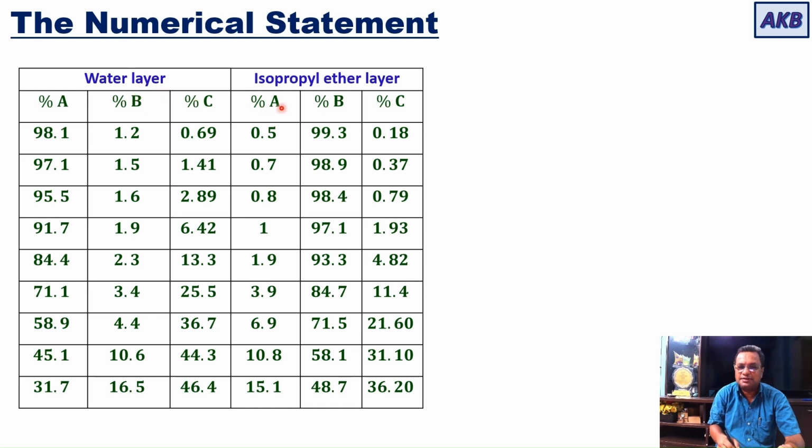The water rich layer is in equilibrium with the isopropyl ether rich layer. So all these are equilibrium compositions. That's why it is the ternary equilibrium data, and we are going to use it to plot the binodal solubility curve and then the distribution diagram.